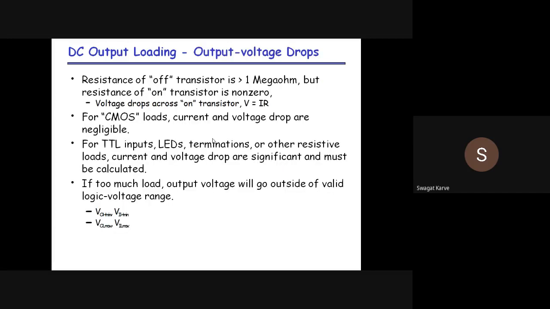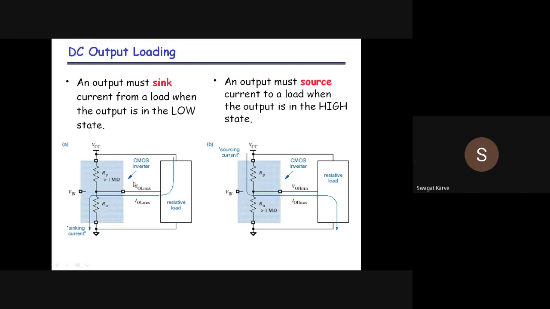Then, how does it work actually? Whenever you talk about this CMOS inverter circuit, when the lower resistor or the upper resistor gets open terminated, then what will happen? This output will sink the current from the load and simply ground it.